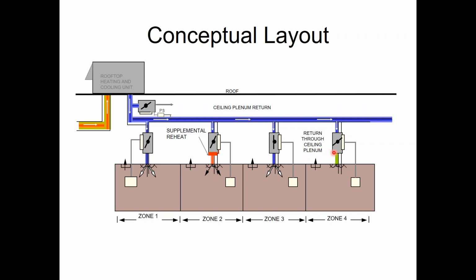Let's just say I have all 4 of these zones. If 1 of the 4 zones is calling, and only calling a little bit, meaning maybe my set point is 73 degrees cooling and it's 74 in the space, they only need 1 degree of improvement. They're going to ask the rooftop to turn on first stage of cooling, and whatever discharge air temperature I get, which is probably going to be like 60 degrees.